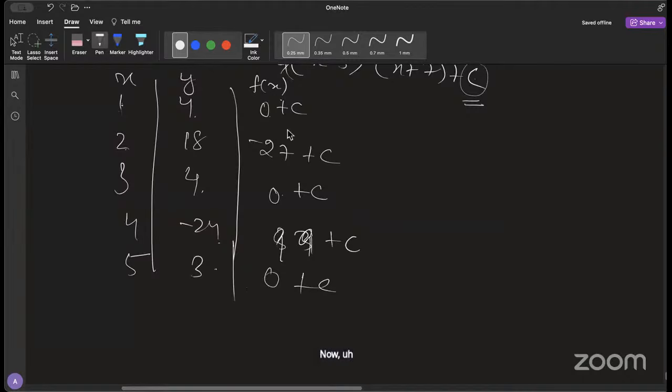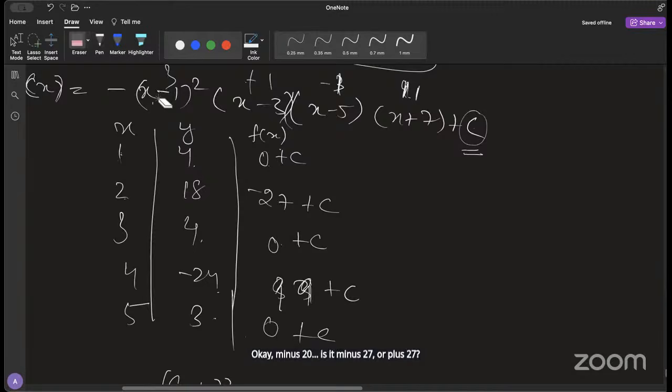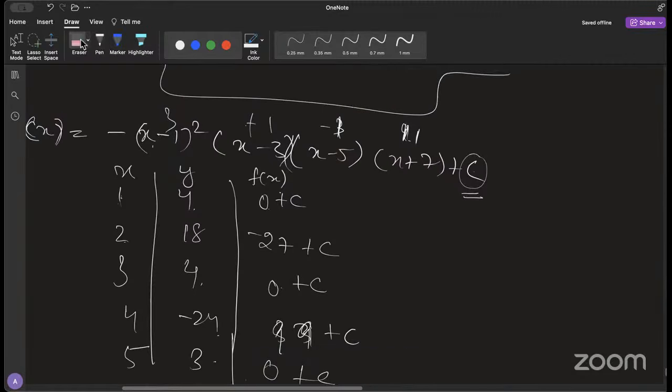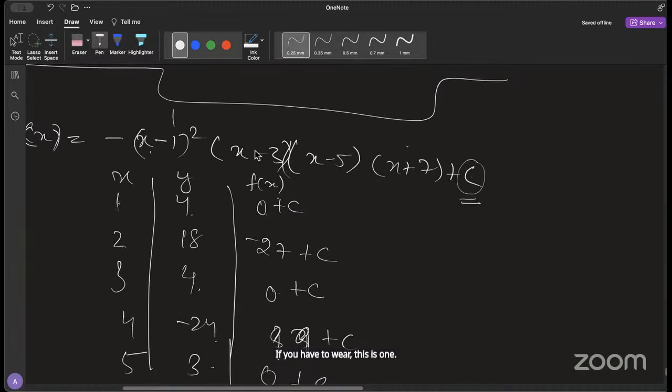Now, what you have to do is take this one, subtract y from this, and take the square of it, right? So this will be C minus 4 whole square, plus the next term. Is it minus 27 or plus 27? If you have 2 here, this is 1, this is minus 1, this is minus 3, and this is 9.